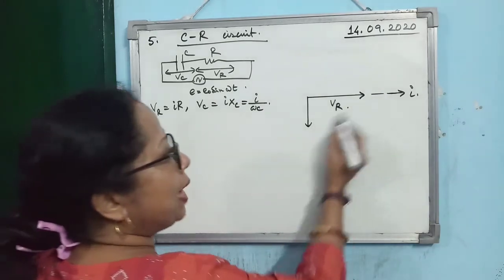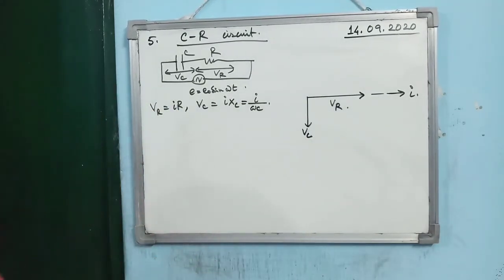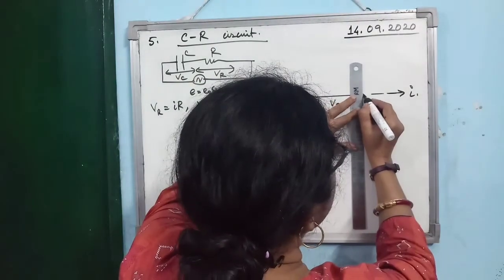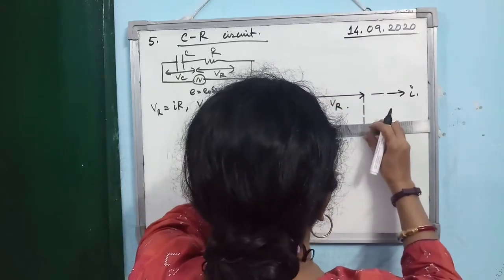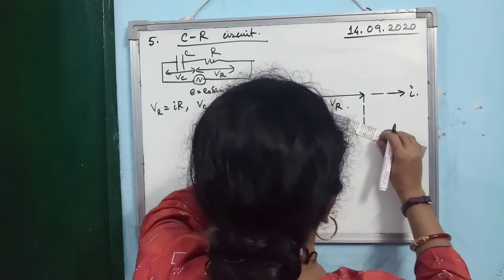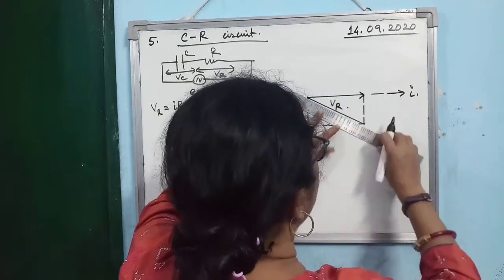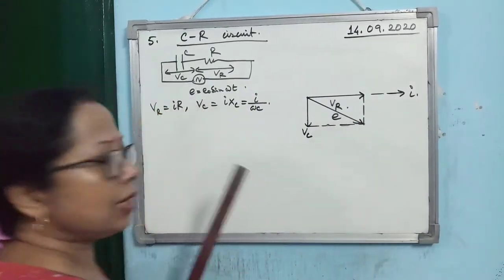So I will be ahead of VC, so this will be the direction of VC. How much ahead? By an angle pi by 2. And as we know, what will be the EMF E? It will be the resultant of VR and VC. So if you complete the parallelogram and join the diagonal, then you see this will give you E.